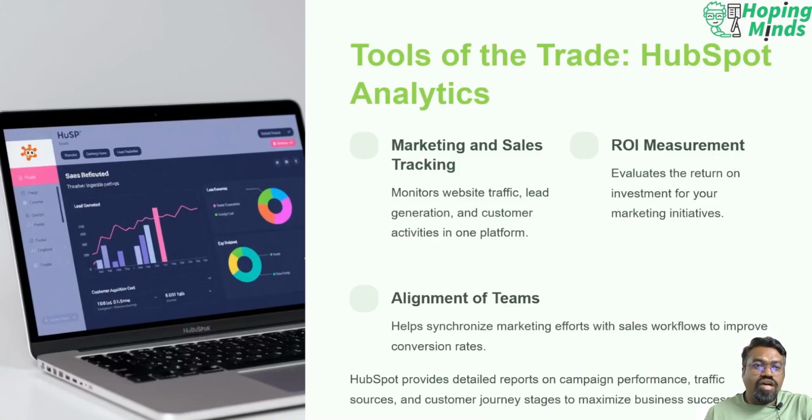Now, tools of the trade. There is one thing called HubSpot Analytics. It is again a free tool, but it has a paid version too, which gives you a detailed report of campaign performance. What it does is track all the sales happening on your website. It monitors the website traffic, lead generation, and customer activities in one platform.